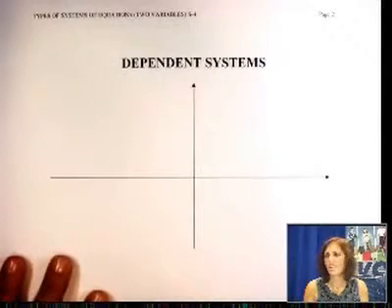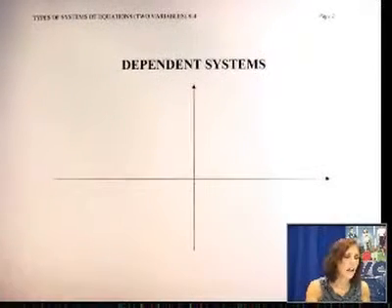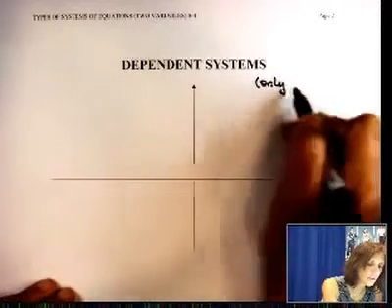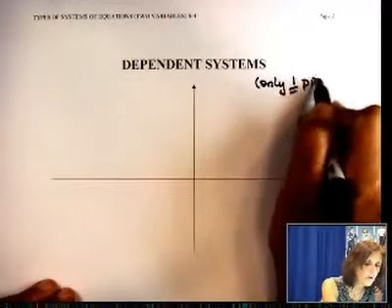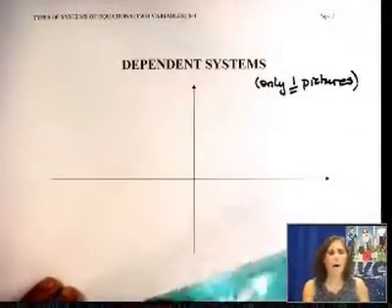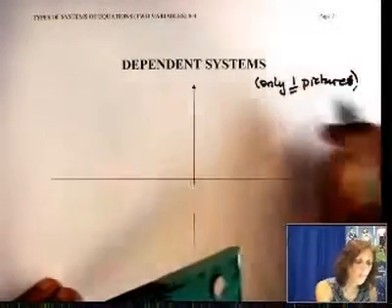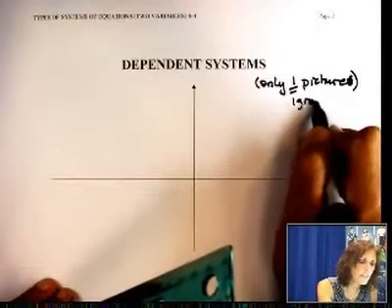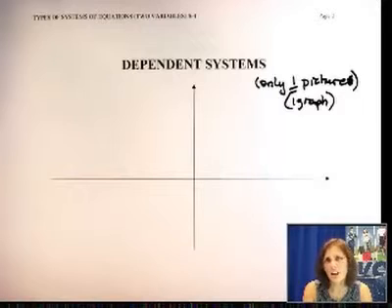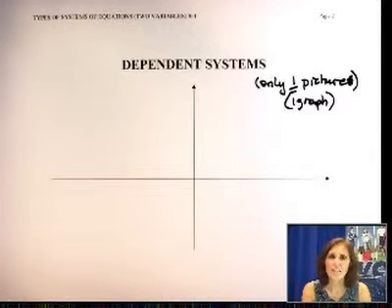Let's talk about dependent systems. That is only one picture. In other words, you have two equations on only one picture or one graph. Two equations, but the second equation is exactly the first equation, but disguised.